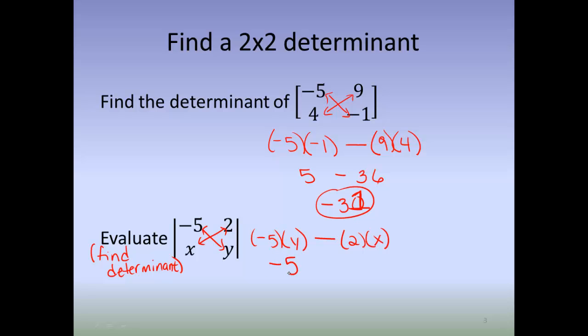In this case, there's nothing to combine, so it's just negative 5y minus 2x, and that is the value of the determinant. If you want to, you can try to be clever and factor out a negative 1, but that's not necessary. Okay?